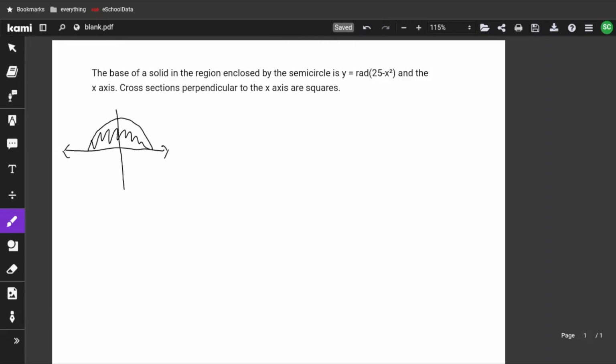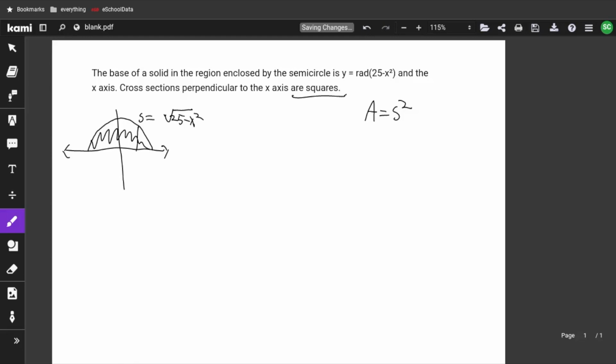We also know that the cross sections are squares, which means the area is going to be S squared. We know that S here is any value here, which is, funnily enough, root 25 minus x squared.